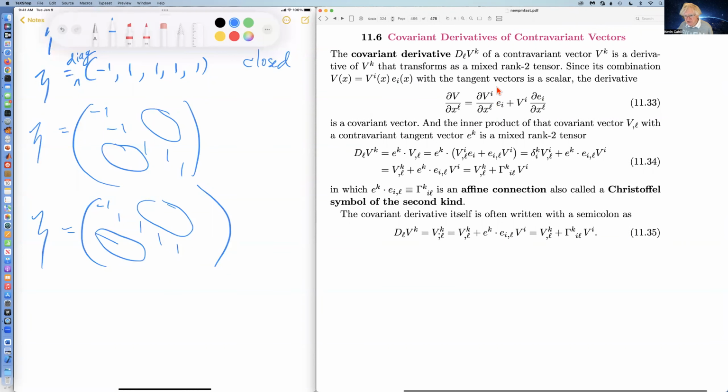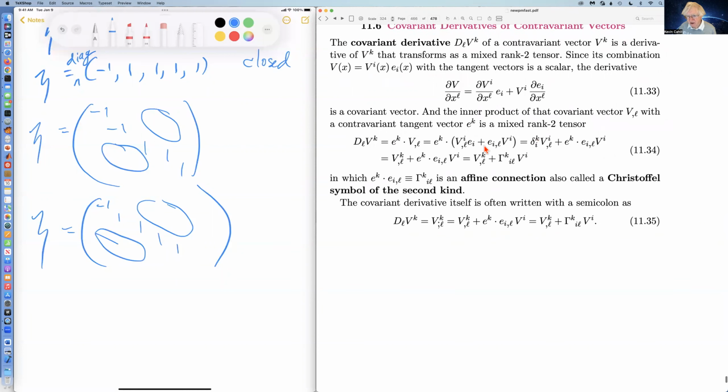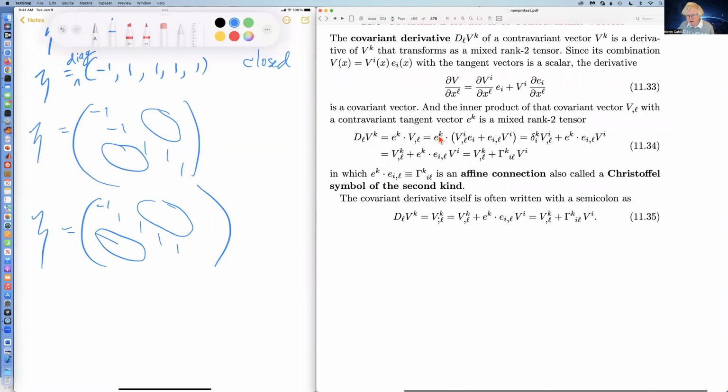And so you have the dot product of the cotangent vector with this structure here, which is this. And we've already seen that the E Ks are orthogonal to the E Is, so that's delta K I. And then we have this new thing, though, that's the dot product of the kth cotangent vector with the nth derivative of the ith tangent vector, and that's this thing.